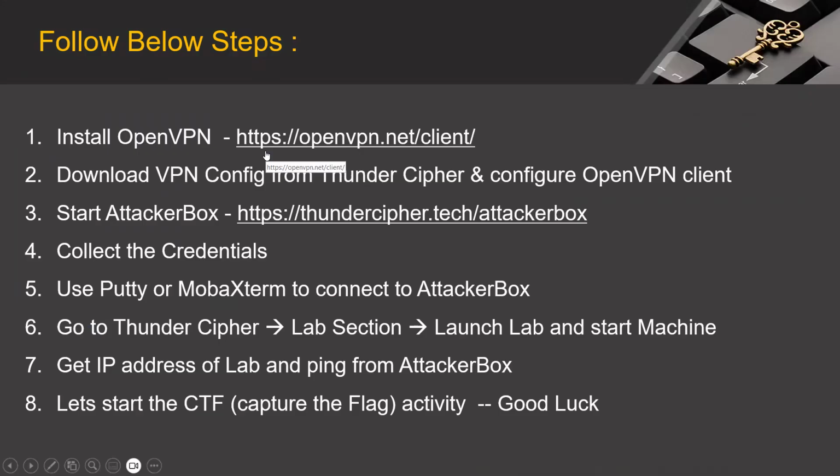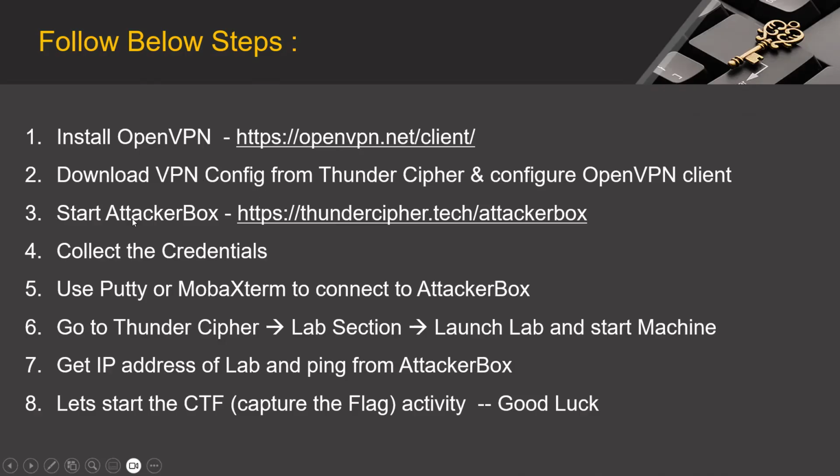I consider everyone has a Windows box, so I'm explaining the steps using Windows. Install the OpenVPN executable. Then after installation, you have to configure it. That's step number 2. I will show you how to configure it using the ThunderCipher provided config file.